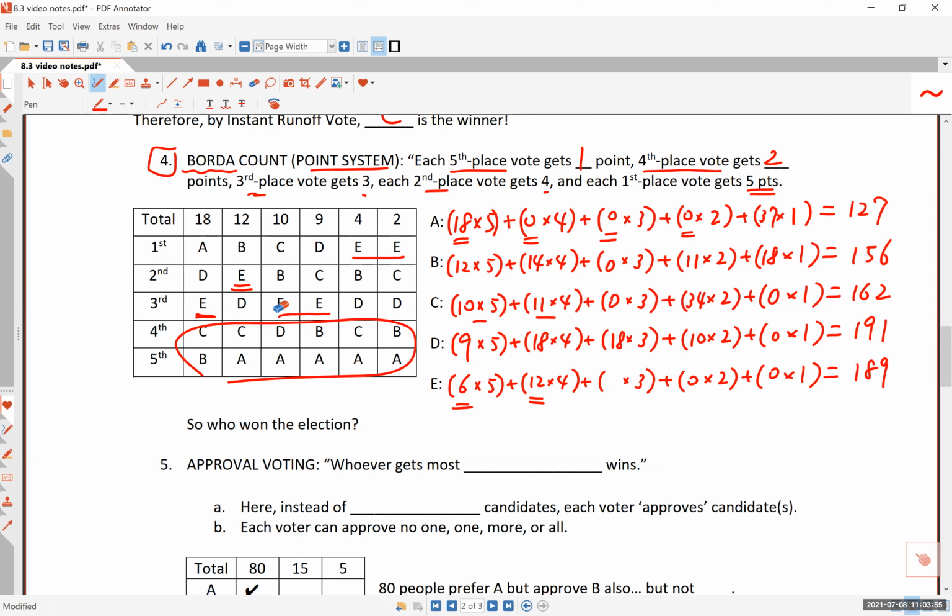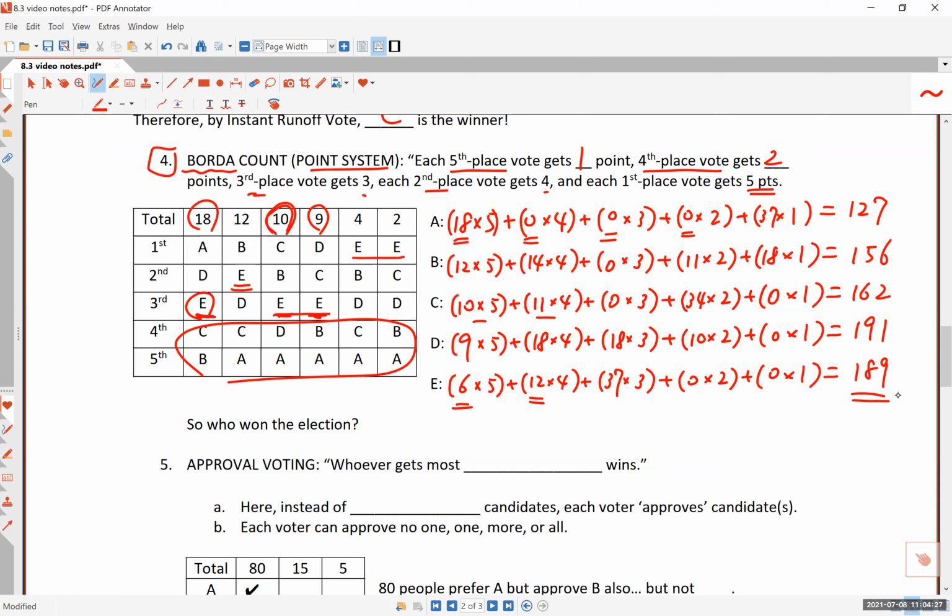Because E has this column and this column, and then somehow I omitted that column 18. So E actually has many people voting E as the third favorite candidate. That's 18 plus 10 plus 9. That's 37. So this number is actually 37. Okay, a very large number. And so if you do this, you actually get the correct answer, 189 points.